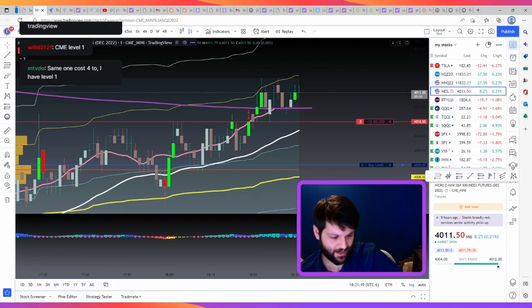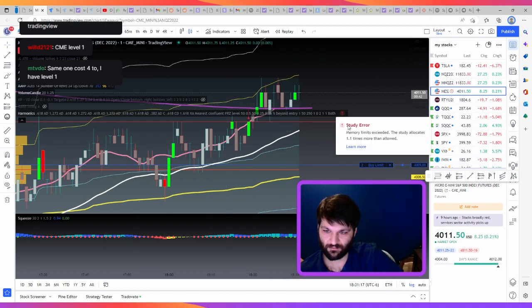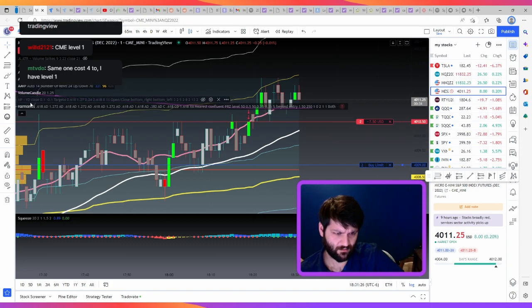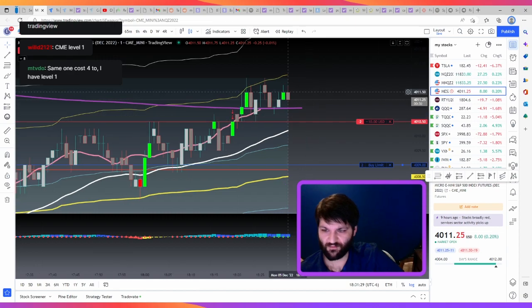Now, if only I could get it to work. It doesn't want to get my settings. But it did say that it wants to move down to like 950.